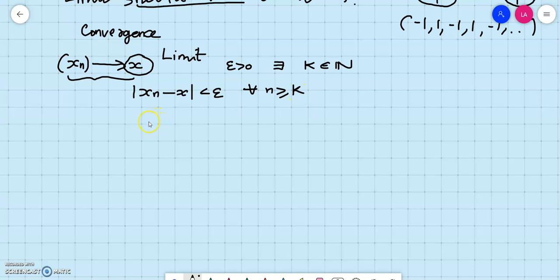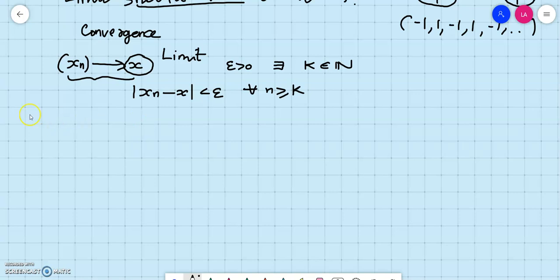From this definition, we can state somewhat equivalent conditions for the convergence of a sequence, which gives you more insight into convergence as a general concept.